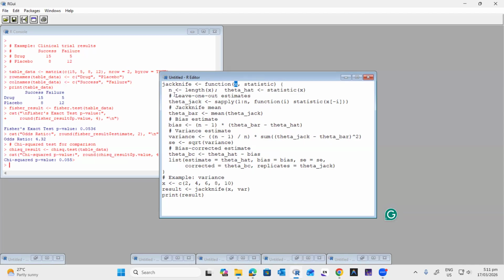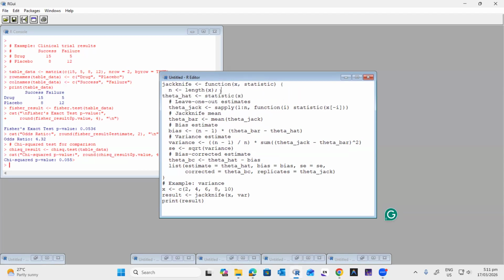Here we take n, the length of x, and then compute theta hat, the statistic of our given data set, right? And after that, we compute the leave-one-out estimates.